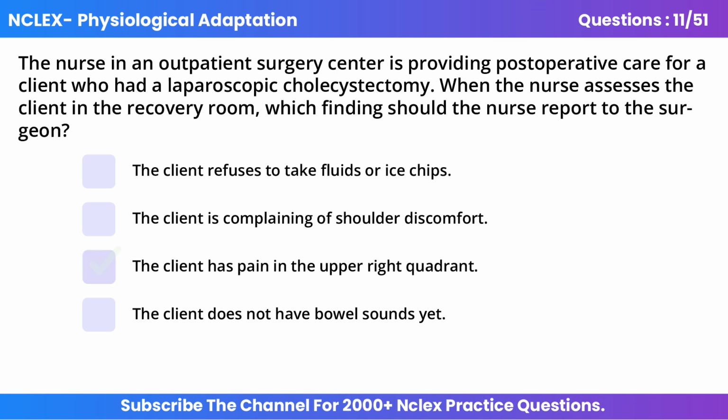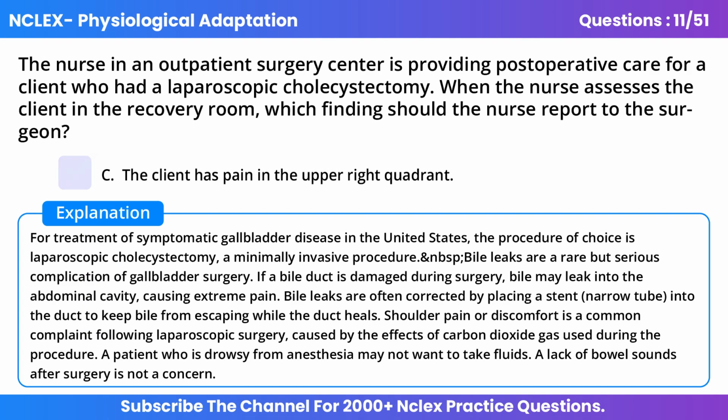C. The client has pain in the upper right quadrant. For treatment of symptomatic gallbladder disease in the United States, the procedure of choice is laparoscopic cholecystectomy, a minimally invasive procedure. Bile leaks are a rare but serious complication of gallbladder surgery.